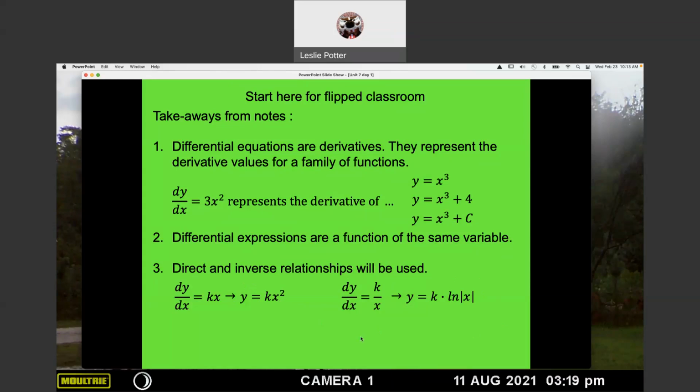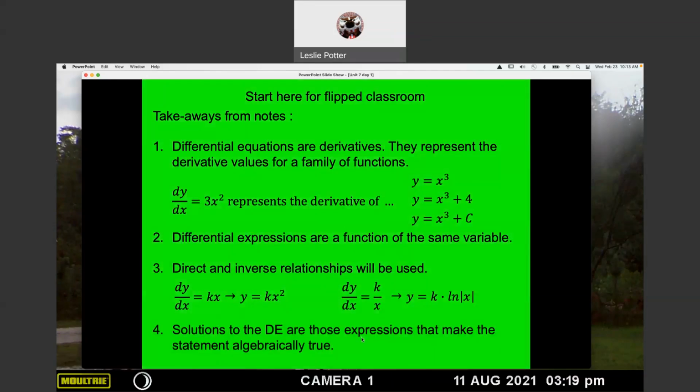So far, so good? Solutions to differential equations are those expressions that can make the statement algebraically true. Sometimes there's a family of solutions, sometimes there's one particular solution. We'll get into when those occur as we go through the unit. Any questions there?